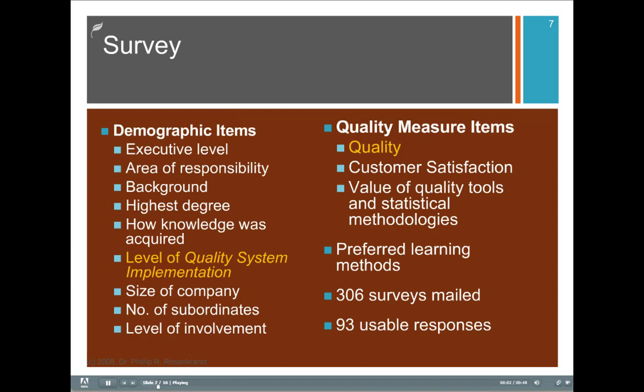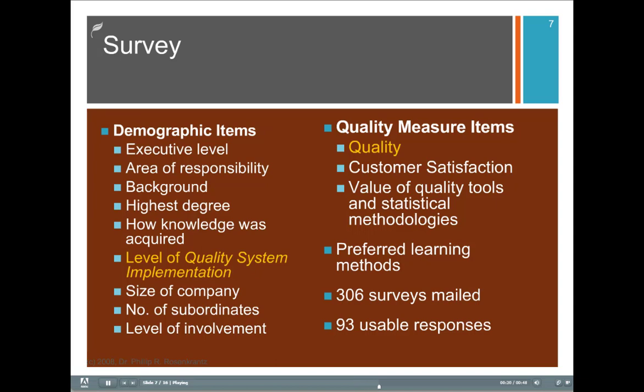The survey also asked a lot of demographic questions, as well as for executives to assess quality and customer satisfaction and what their preferred methods would be for learning about quality tools and statistical methods. This provided a very rich data set for correlating the use of tools and methods with results and demographics.